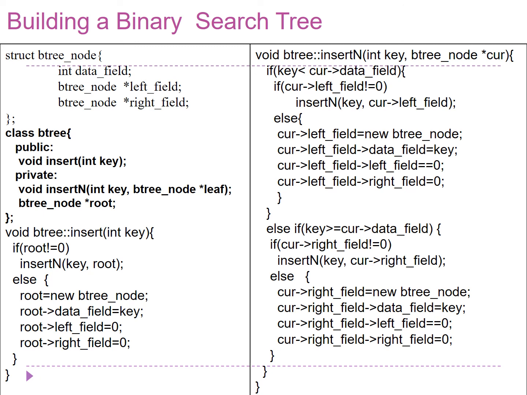If the key is greater than the current node data value, then a recursive call is made to the right subtree until a suitable position is found to insert the new value.